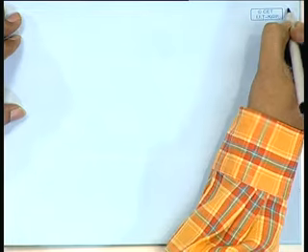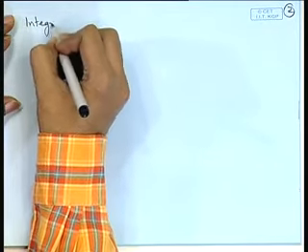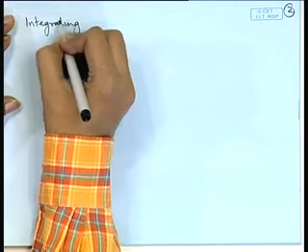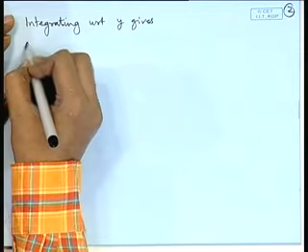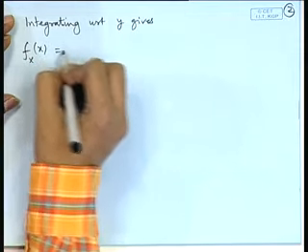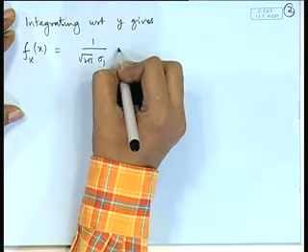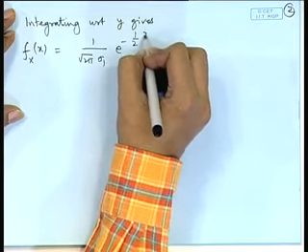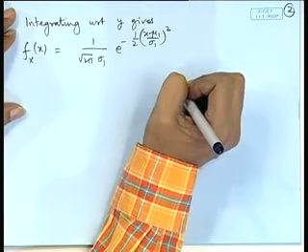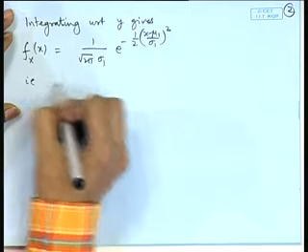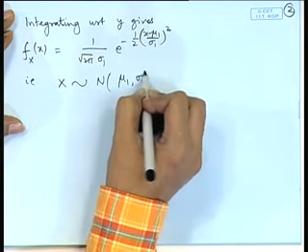So, integration with respect to y gives f X(x) equal to 1 by root 2 pi sigma 1 e to the power minus 1 by 2 ((x minus mu 1) by sigma 1) square. That is, the marginal distribution of x is normal (mu 1, sigma 1 square).